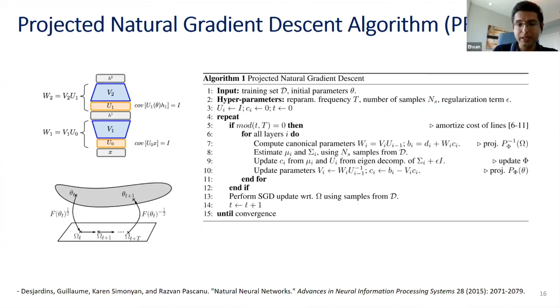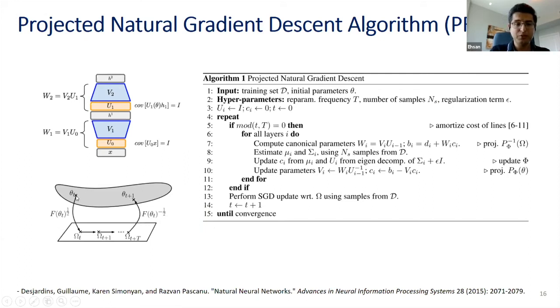Then they came up with a method that's called projected natural gradient descent algorithm, or PRONG. And the main idea is that, as I mentioned before, that's how we're comparing the SGD with natural gradient descent. So in this space of theta, let's suppose that we want to estimate natural gradient descent in this optimization space.